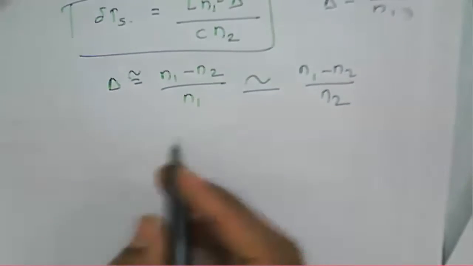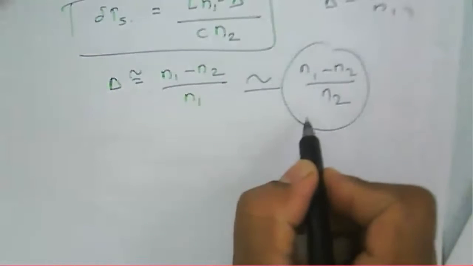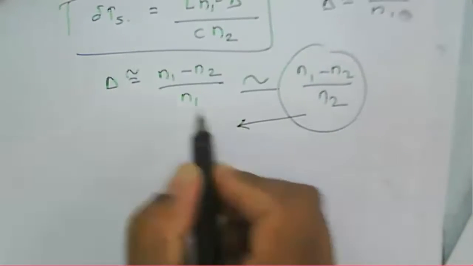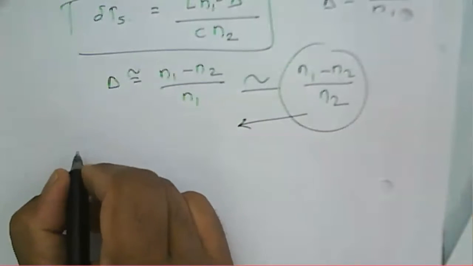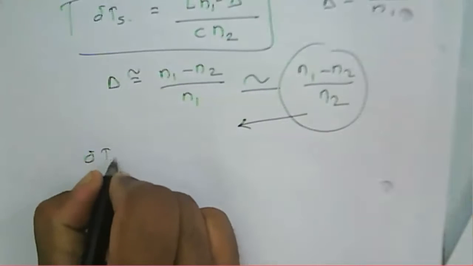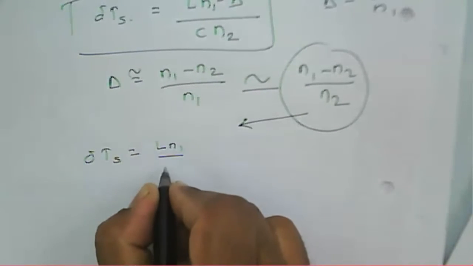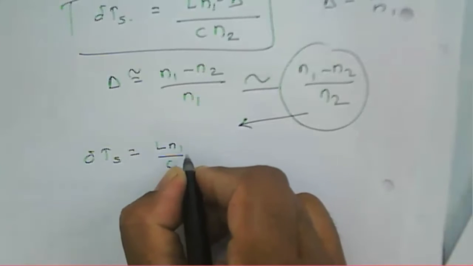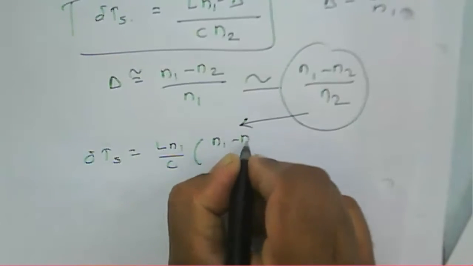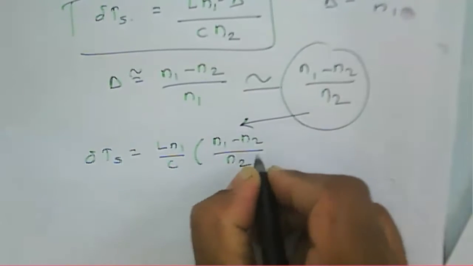If we write n1 minus n2 by n2 here, then the delay difference equation, del Ts, is equal to L n1 by C into n1 minus n2 by n2.